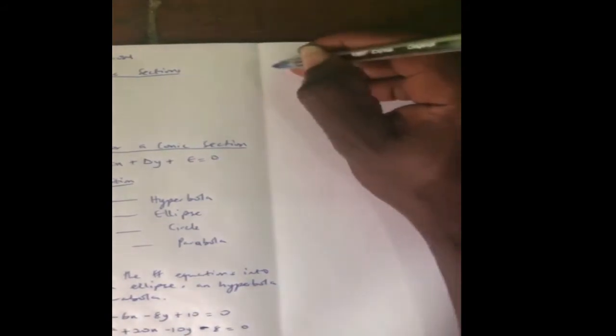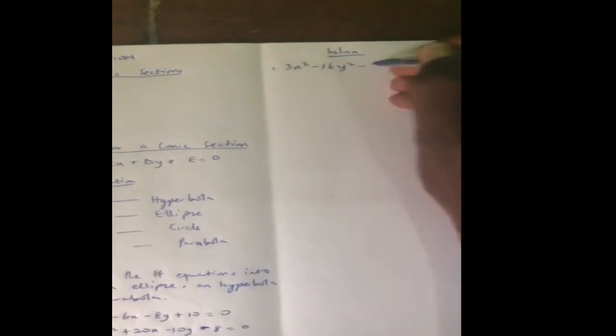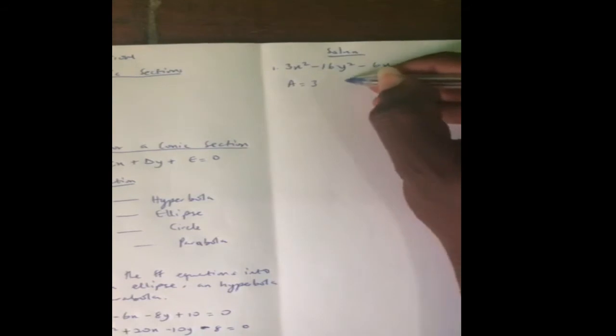So with the first one we had 3x squared minus 16y squared minus 6x minus 8y plus 10 is equal to 0. Okay, and we know that our a is 3 because that is the coefficient of x squared. A is 3. Then our b is minus 16.